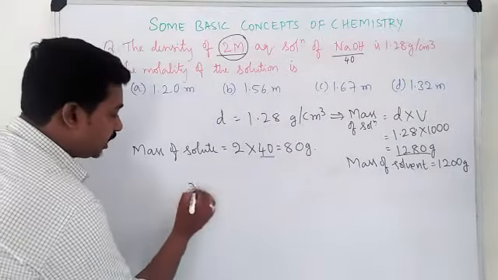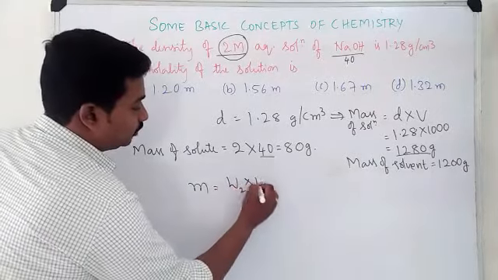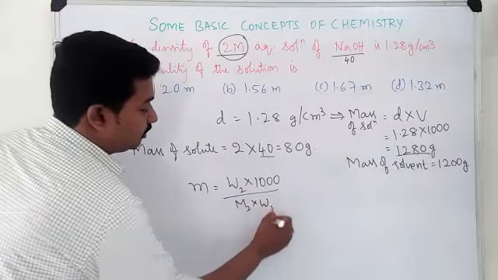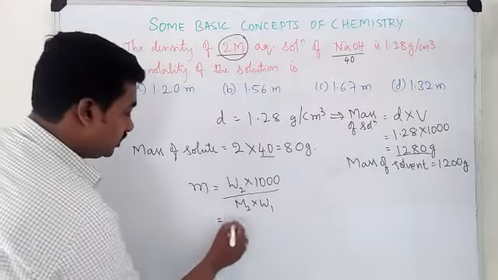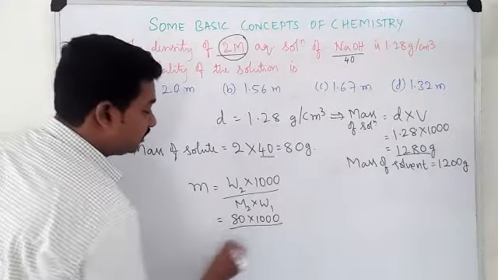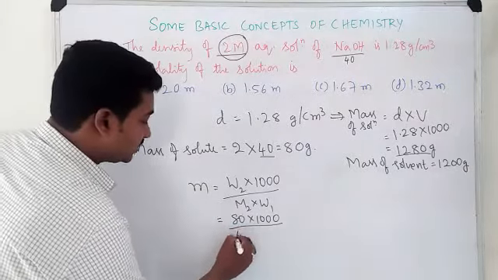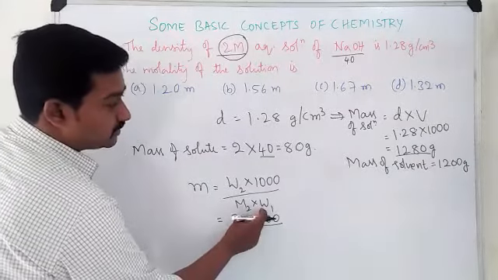Now let us calculate the molality. Molality is equal to W2 into 1000 by M2 into W1, which means mass of solute is 80 gram into 1000 divided by molecular mass of solute, which is NaOH, 40, into mass of solvent.